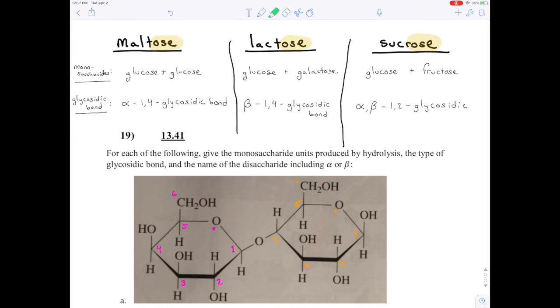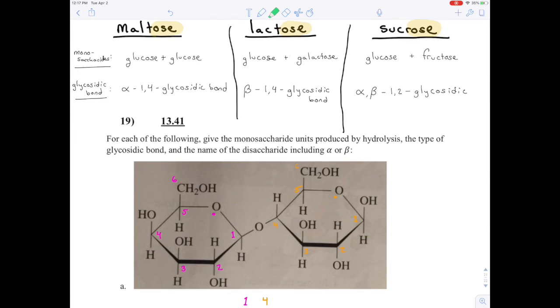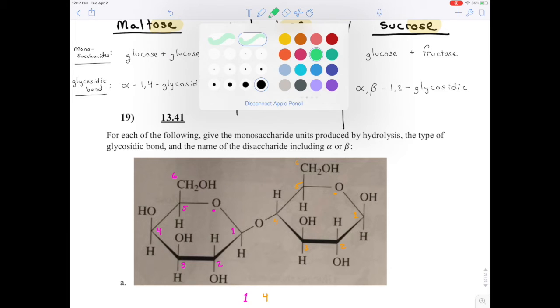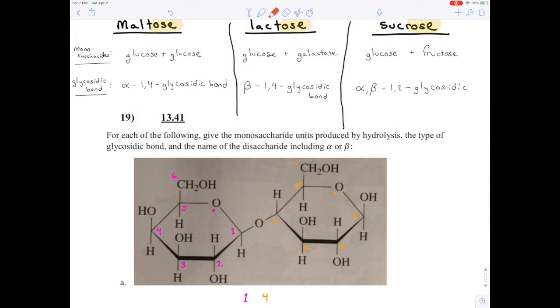Okay, so let's apply those rules in identifying these things in problem 19. Problem 19 says for each of the following, give the monosaccharide units, so that's going to be one thing. Monosaccharides, that's the first thing that they want. Produced by hydrolysis, that just means if you were to break this apart, remember lysis means break apart.